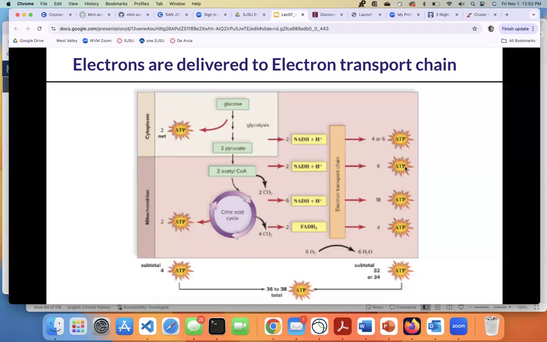The transfer of the electron also helps build this proton gradient, which is going to be used to harvest the energy from hydrogen moving with this concentration gradient down to ATP synthase, and the ATP synthase will spin at that time and make some ATP.